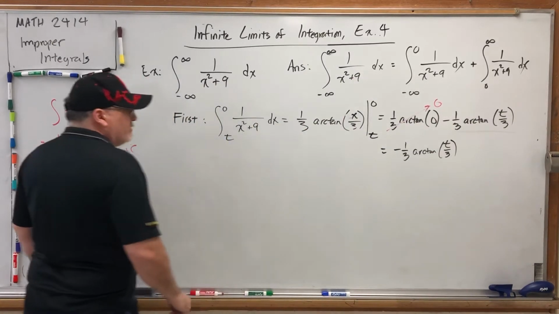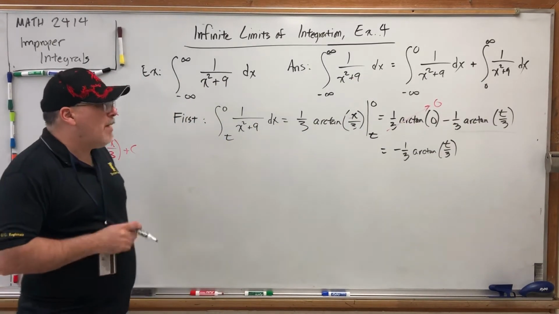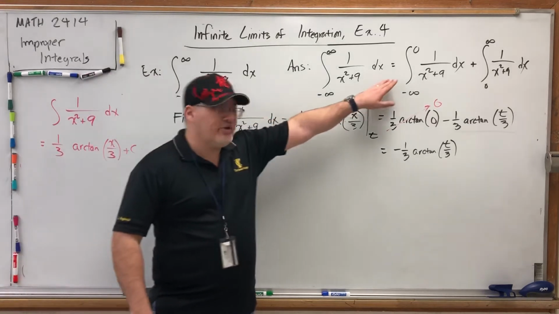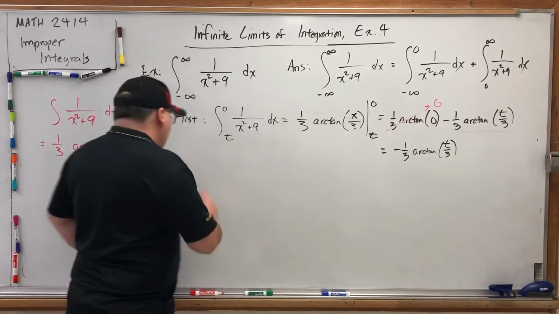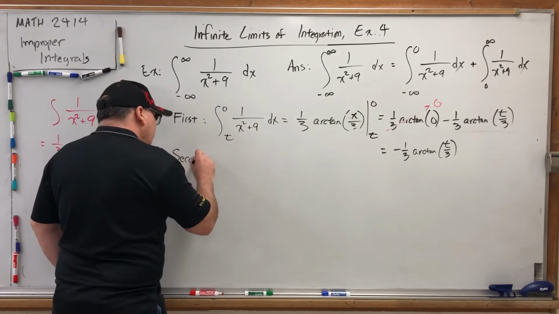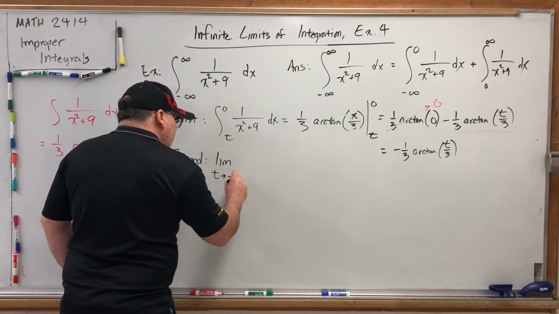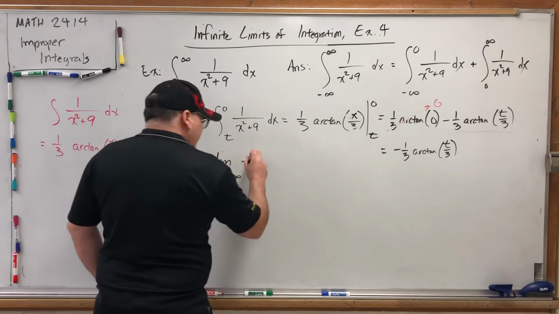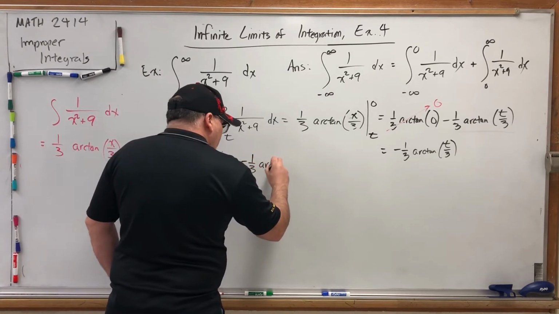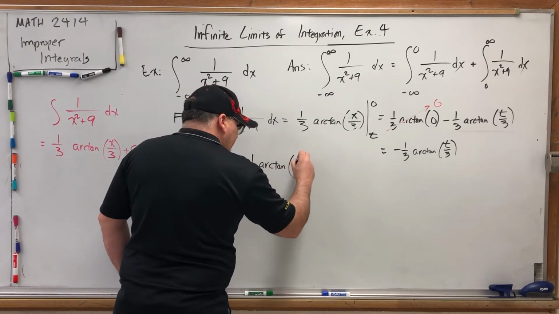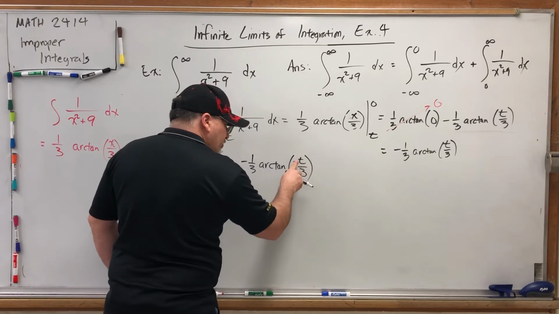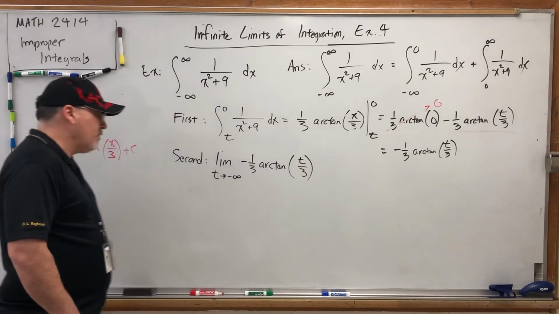All right. So now that we've done the proper integral for the first of our 2 improper integrals, then our second move is to take the limit as t approaches negative infinity of that answer, of negative 1/3 arctan of t over 3.